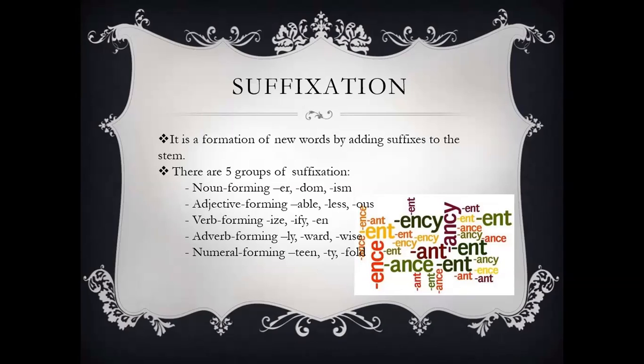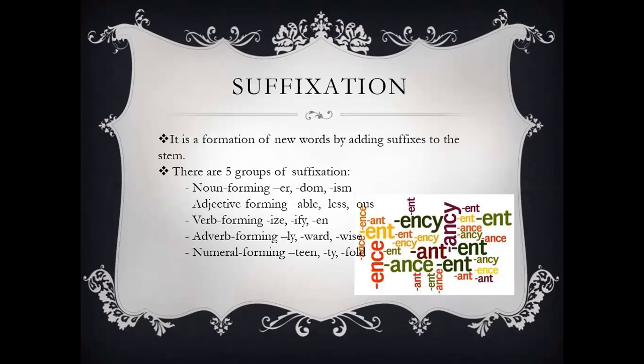So er, this is about teacher, yes, dom, freedom, for example, or ism, nationalism, maybe. So adjective forming, this is able, less, ous, maybe capable, yes, or careless, fabulous, maybe famous. So verb forming, ize, ify, en. So nationalize, identify, broaden, maybe, yes.